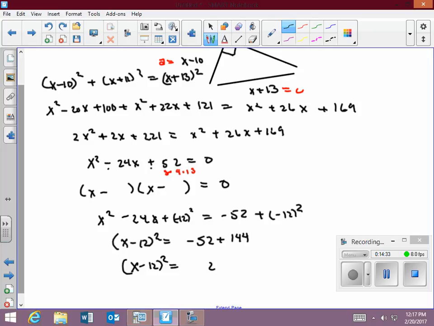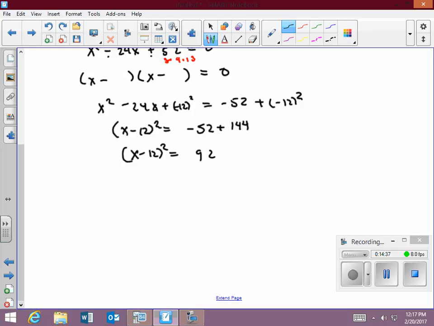Is that 92? Am I doing my math right? Yeah. X minus 12 equals plus or minus the square root of 92. Add the 12 to both sides.